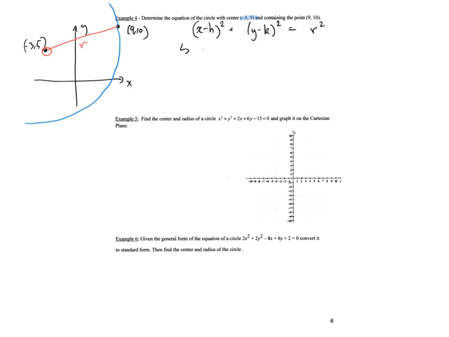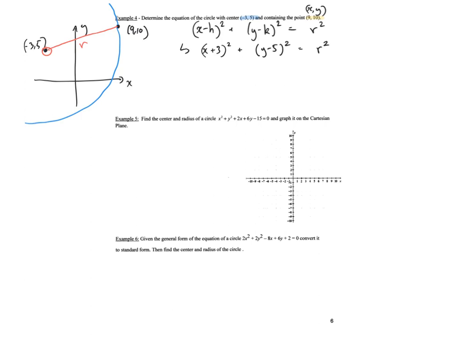So what do we have? We have that x plus 3 all squared plus y minus 5 all squared is equal to our unknown radius squared. Well, what additional piece of information have we not used yet? Well, that we have this point 9, 10 on the circle. Let's call that x, y.